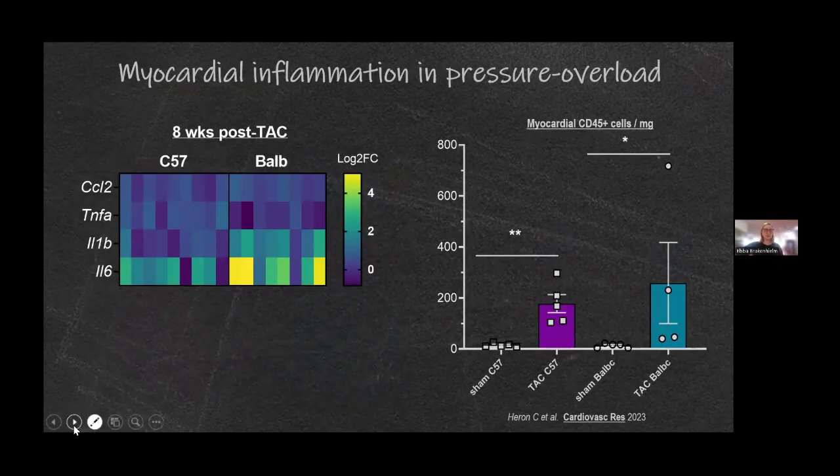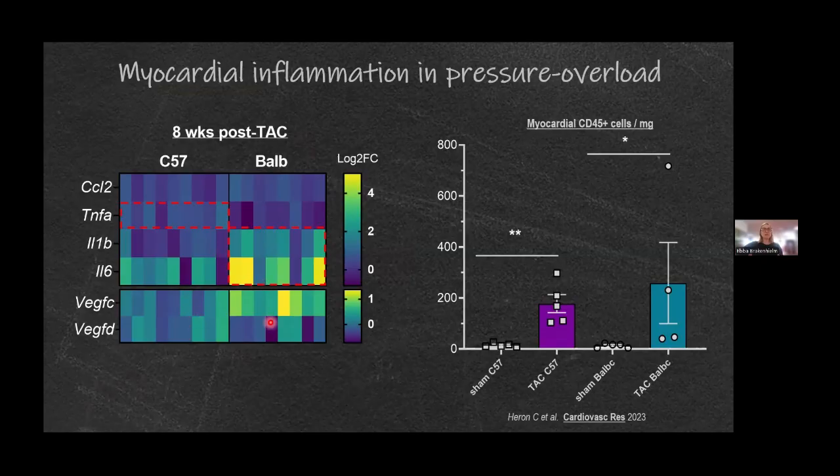Obviously, there are different immune settings. We have a lot more IL-1 beta and IL-6 in the BALB/c strain, and maybe more TNF-alpha in the C57 strain. These differences in immune signature are also associated with differences in the expression level in the heart of the lymphangiogenic driver. So this increase in VEGF-C, specifically in the BALB/c, can perhaps explain the expansion of the lymphatic vasculature in one strain and not the other.